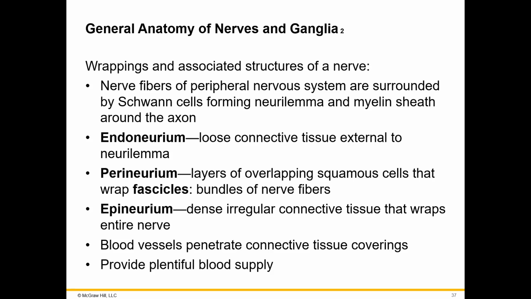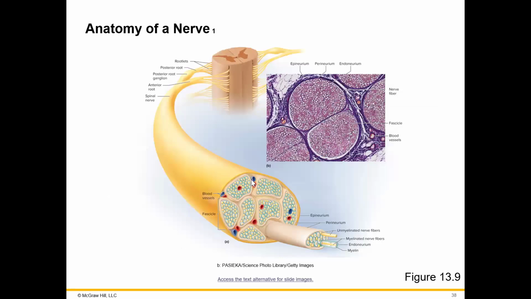The perineurium is layers of overlapping squamous cells that wrap fascicles, which are bundles of nerve fibers. The epineurium is a dense, irregular connective tissue that wraps the entire nerve. The blood vessels penetrate the connective tissue coverings, and they provide a plentiful blood supply.